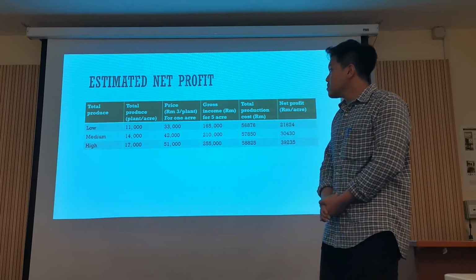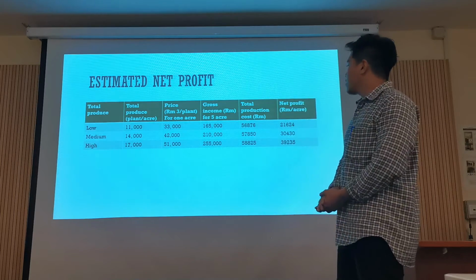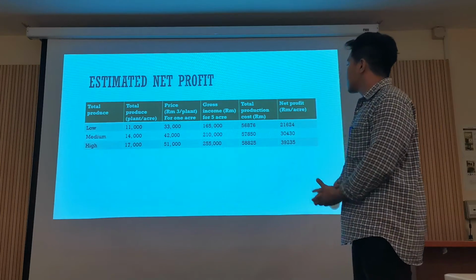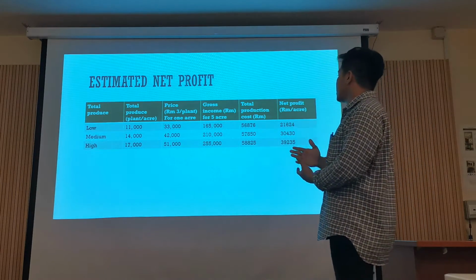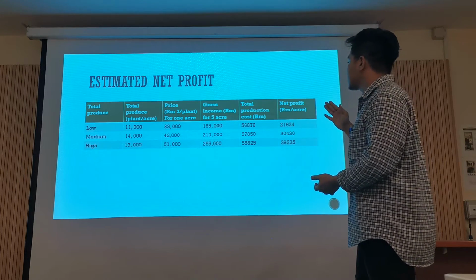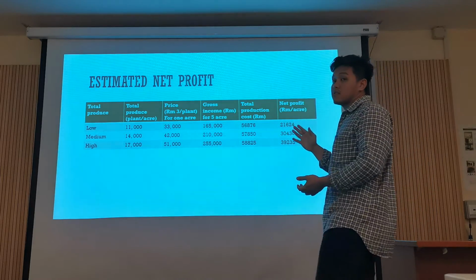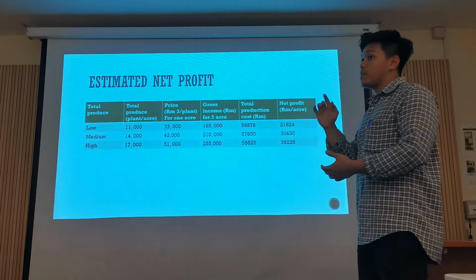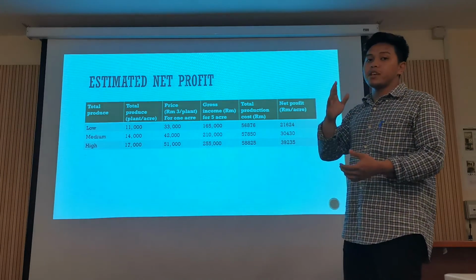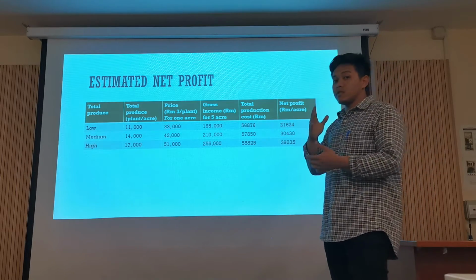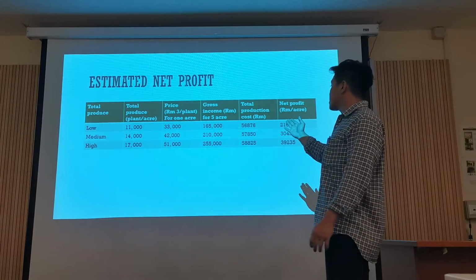Okay, so next we can see the estimated net profit from our project. For the gross income for 5 acres, we estimate that we can get 165,000, where 33,000 per acre is multiplied by 5 acres.